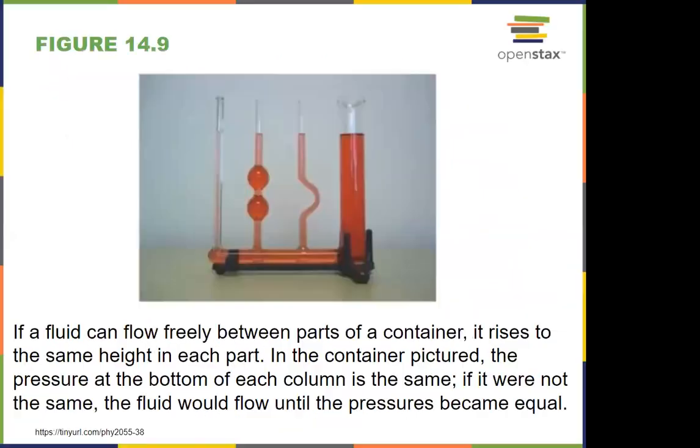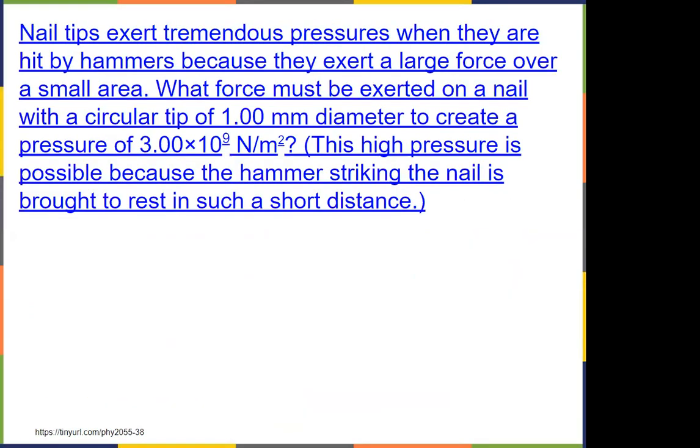But let's go back. Let's take a look at the second example here. This one is on pressure. It says nail tips exert tremendous pressures when they are hit by hammers because they exert a large force over a small area.